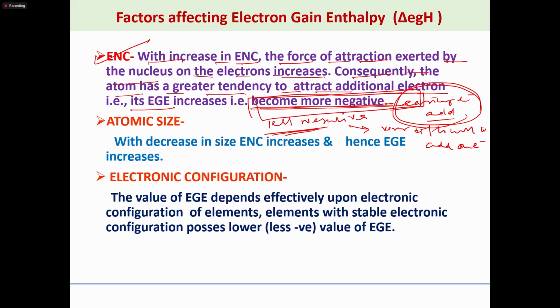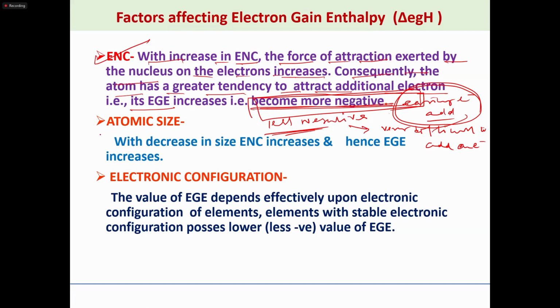When the effective nuclear charge is increased, the atom has a greater tendency to attract this additional electron, so it will be added easily to the valence shell. Then it will be a more exothermic process. That's why it will have the more negative value.